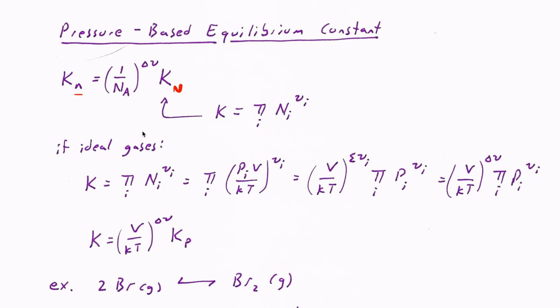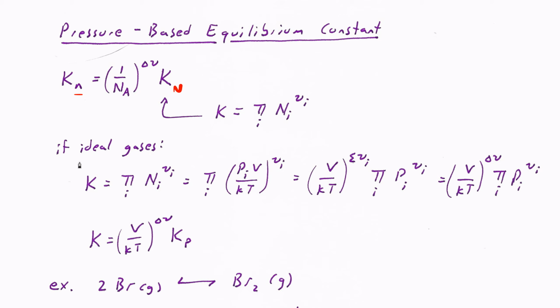That will also have some important consequences when we think about equilibrium constants expressed in terms of pressures, which is often a convenient way to work the problem. So in the examples we've seen so far, the HBr example and the Br2 example, all of the reactants and products have been gases.